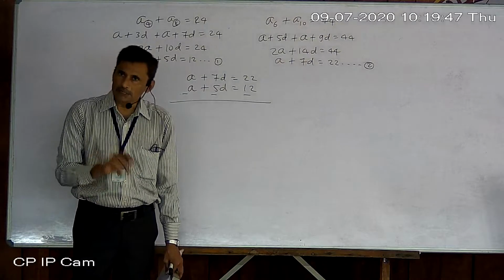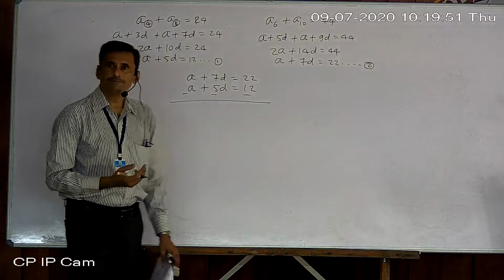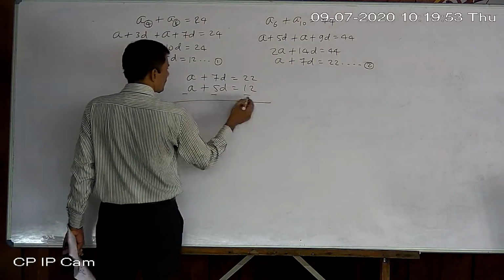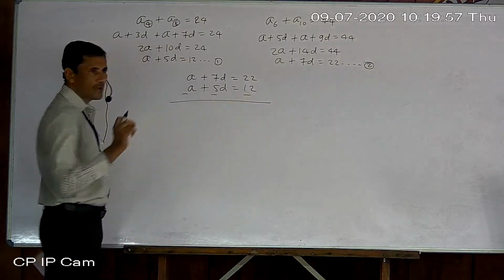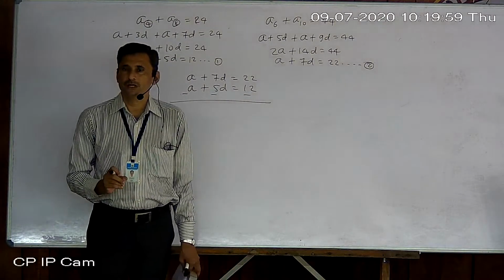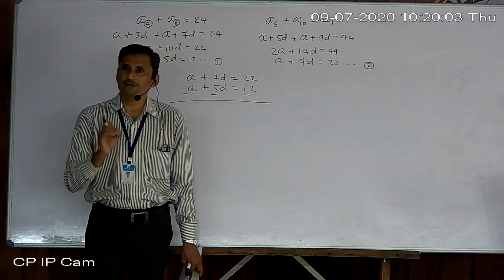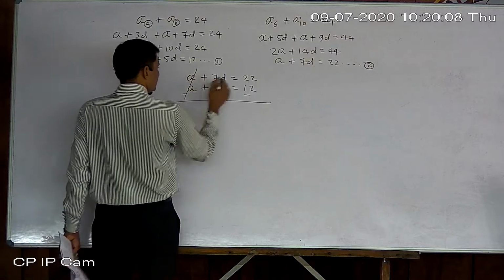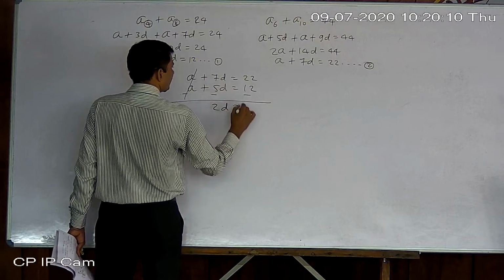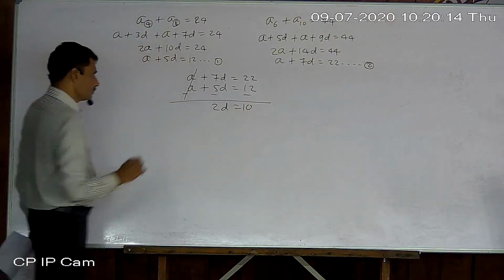If they are opposite, then only we can eliminate that particular variable. So we have to subtract the whole equation, not a particular term. To subtract any equation means to convert the sign to the opposite of each and every term of the second equation. Now A cancels out. 2D equal to 10. So D equal to 5.